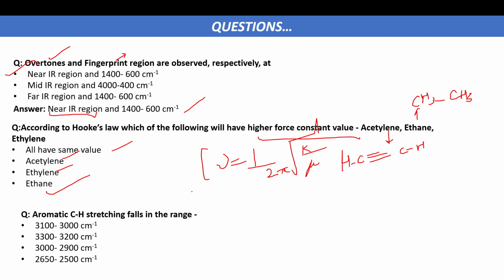And what is ethylene? Ethylene is your double bond CH2 double bond CH2. So out of these three, single, double, triple, which will have a higher force constant?